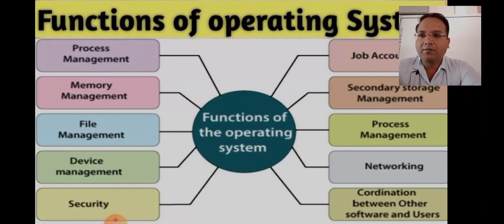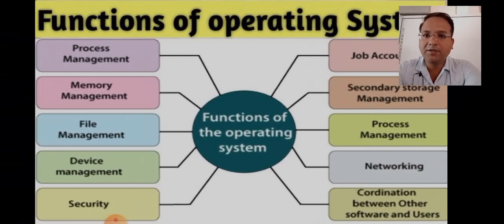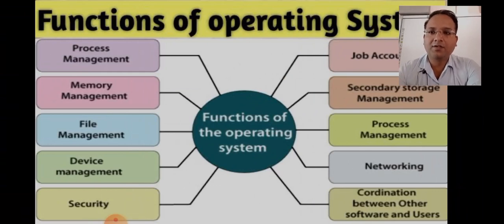It manages process management, memory management, file management, device management and security. Job accounting, secondary storage management, networking, coordination between other software and users. So these are the functions of an operating system.